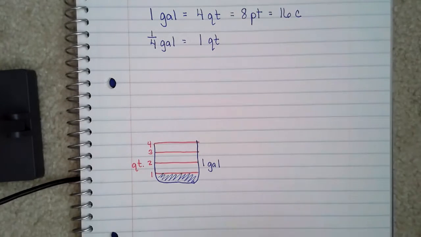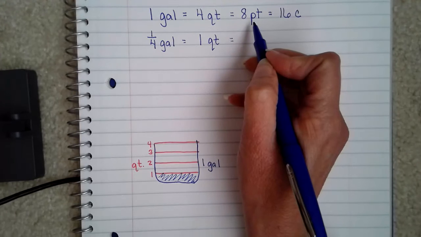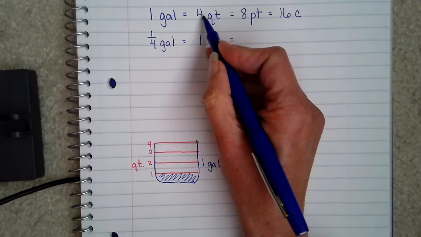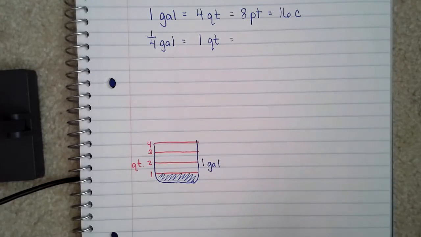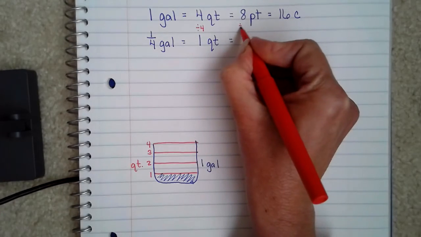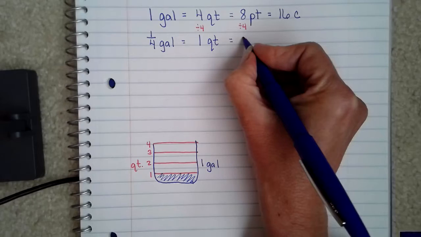Now 1 quart, so if 4 quarts equals 8 pints, then again we're going to cut this into 4, because we're going from 4 quarts to 1 quart, so we divided by 4 here. So we're going to divide 8 by 4, and we're going to find out that equals 2 pints.